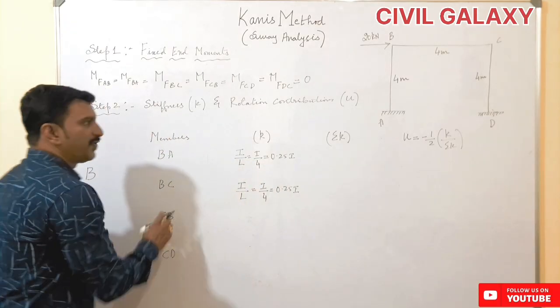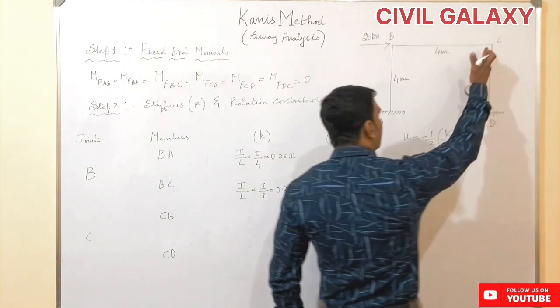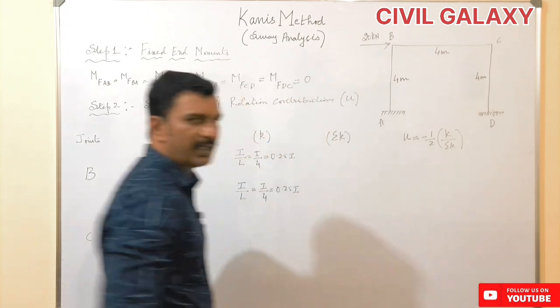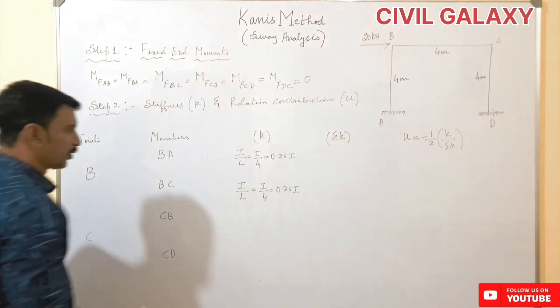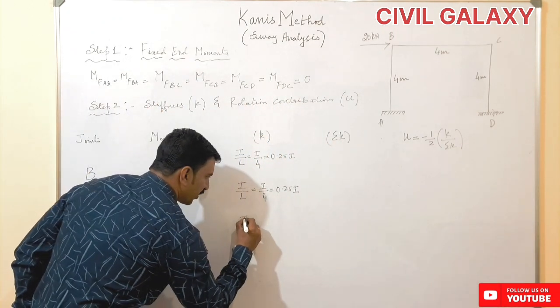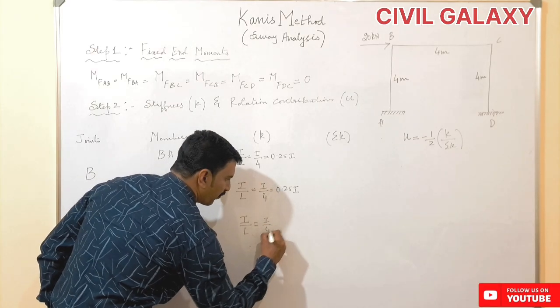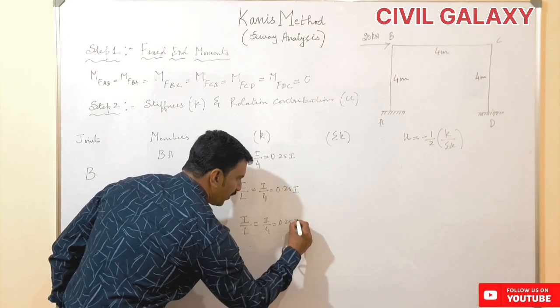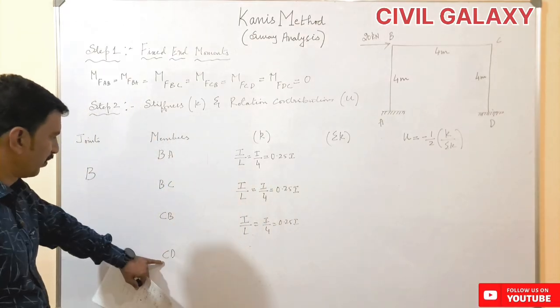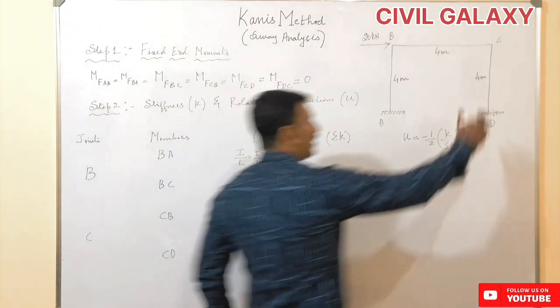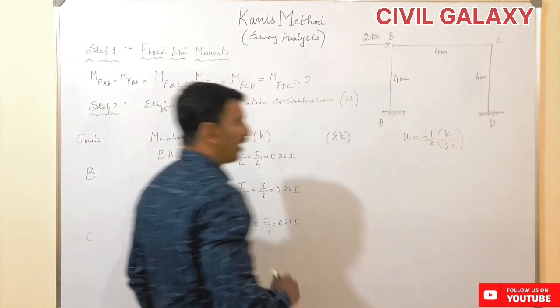So for CB, C is the near end and B is the far end. The far end is an intermediate support, so it is considered as a fixed support. So the value will be I upon L, which is I upon 4, 0.25 I. For member CD, C is the near end and D is the far end, and the far end is fixed.